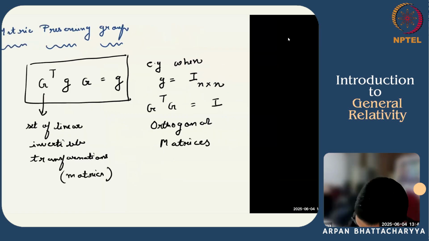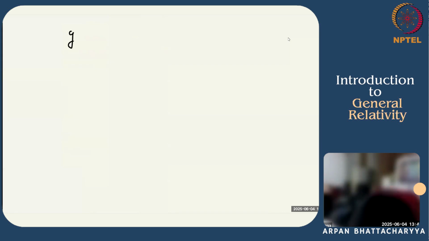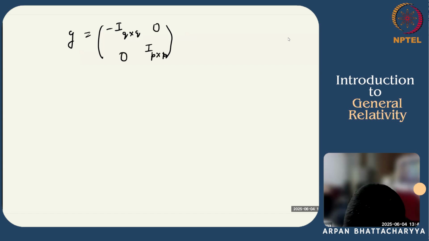When g is of this form, minus identity of Q times Q and identity of P times P, it is basically a diagonal matrix with Q number of -1 and P number of +1, which is the generalization of the Minkowski metric.